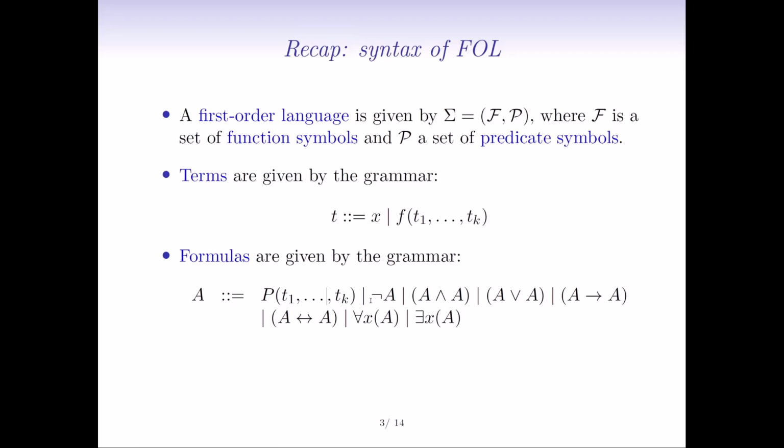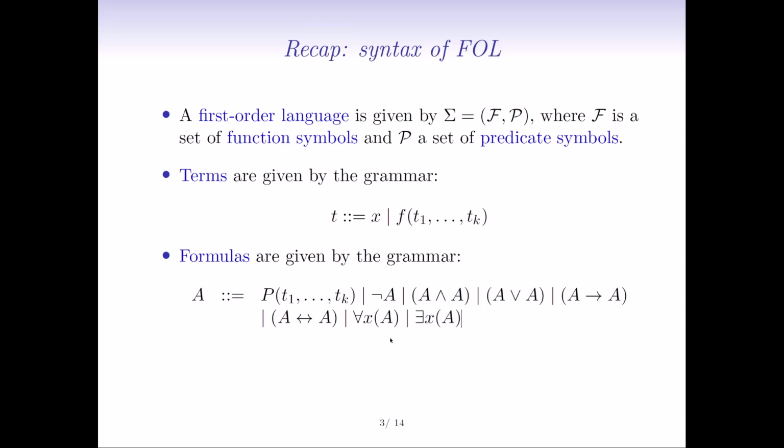That's an atomic formula. Next we have all the familiar connectives from propositional logic, so negation, conjunction, disjunction, implication, bi-implication. And lastly, we have the two quantifiers, for all x, A, and there exists x such that A.